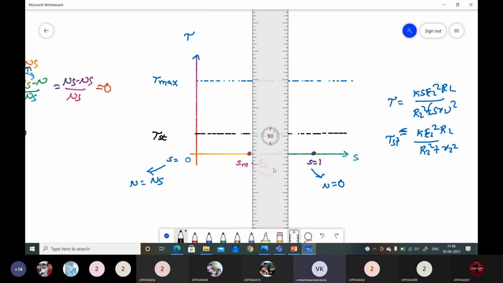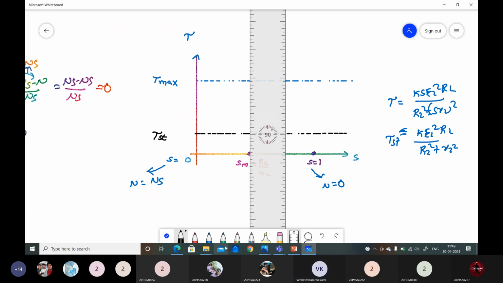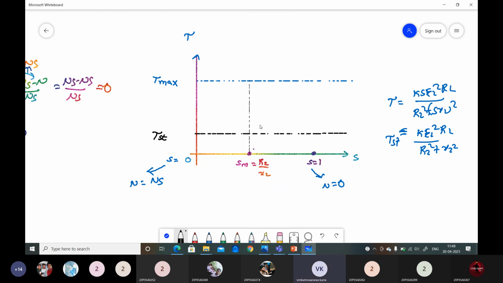So this line represents slip corresponding to maximum torque. For lower values of slip, this one is lower slip and this one is higher slip. Maximum slip is 1.